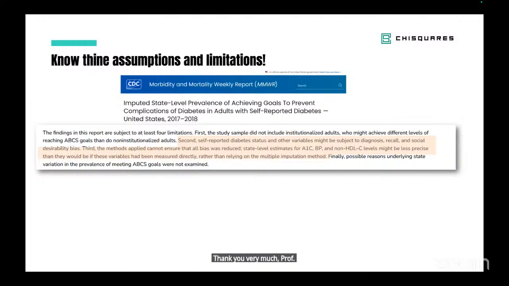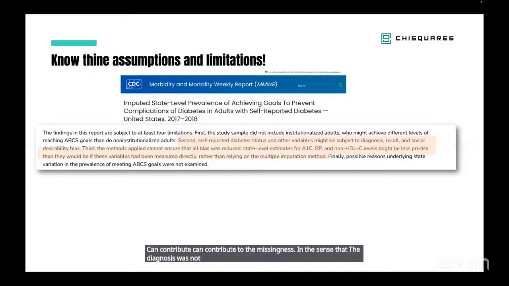I think from that statement, we can say that the diagnosis of diabetes itself can contribute to the missingness, in the sense that the diagnosis was not based on objective measurement during the study.